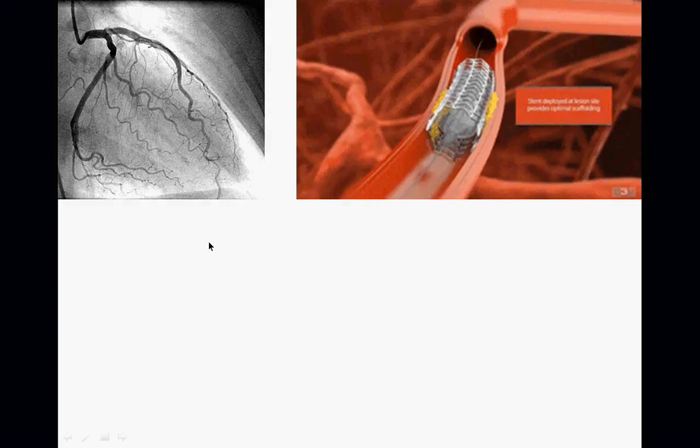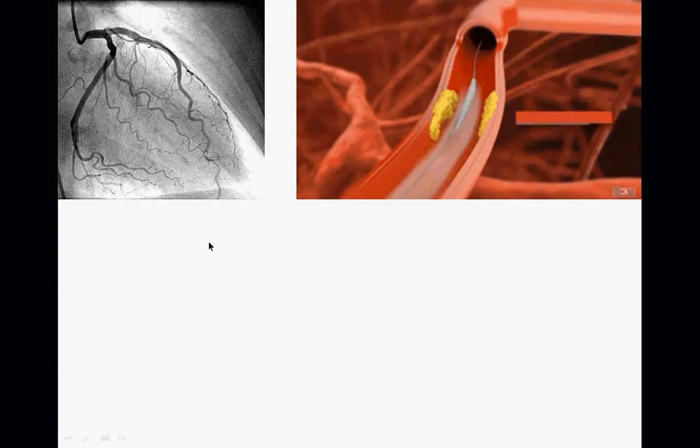It will first be infused intravenously, and then when you picture the heart radiographically, you will be able to see the arteries this way. So wherever there is a blockade, you will be able to appreciate it in the coronary angiogram. And this picture represents coronary angioplasty.